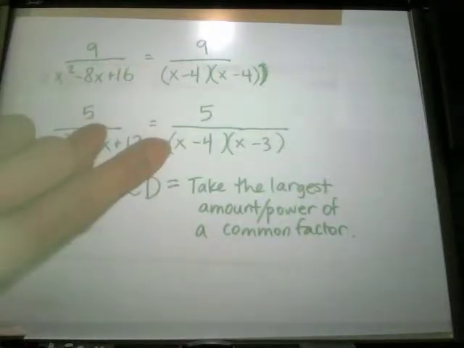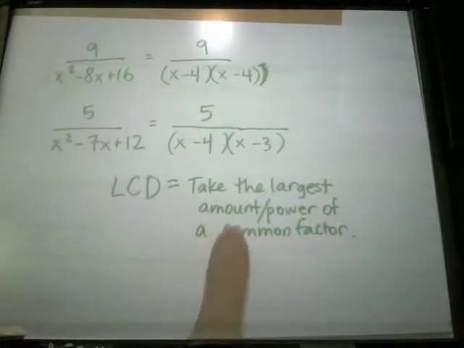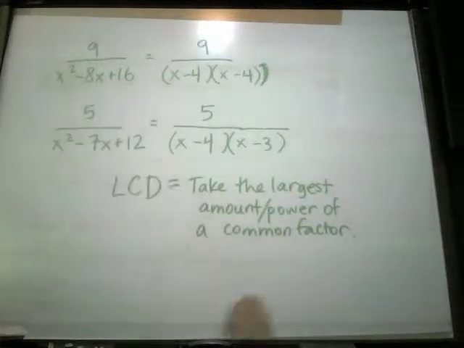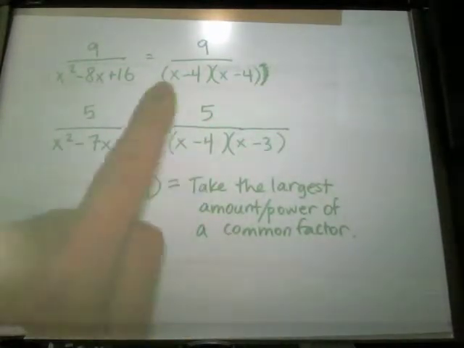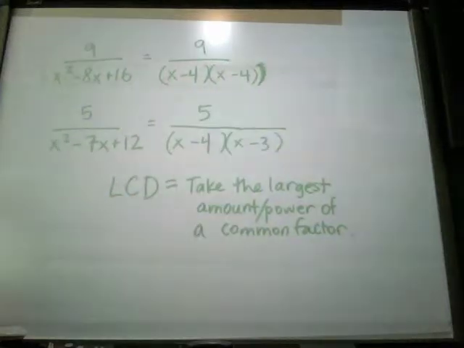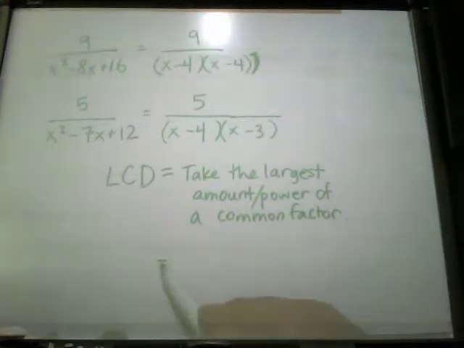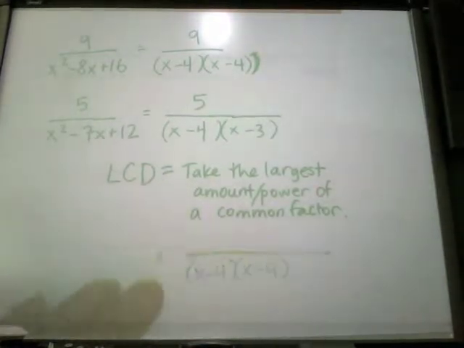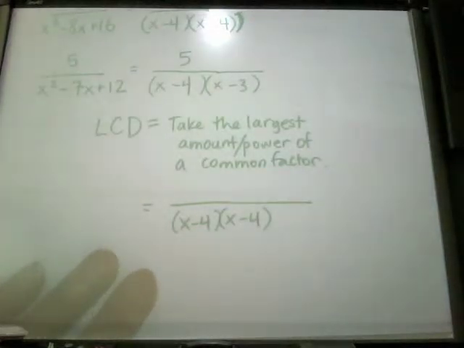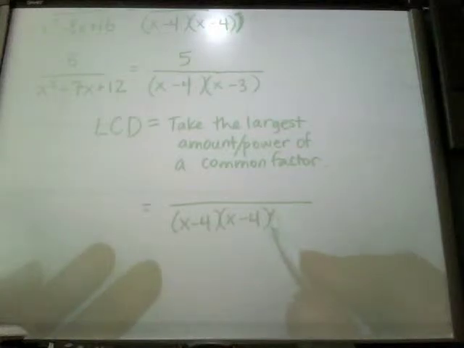This second fraction only has one. I need, if it's in common, so first of all it's in both, then I need to take the largest amount or power. That would be squared, or this first one, 2, right, squared. So my LCD is going to be x minus 4 times x minus 4. I need both of them. And I need the x minus 3.